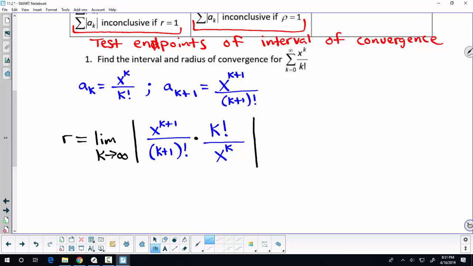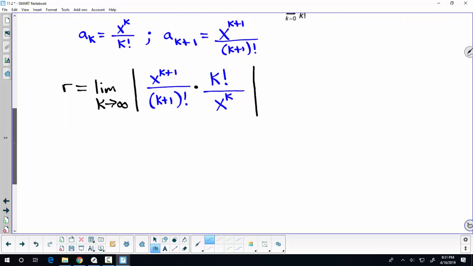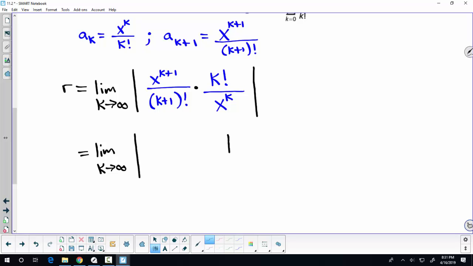Right, so we need to simplify this. Okay, so what does all that stuff simplify to? x over 2. Do y'all agree?